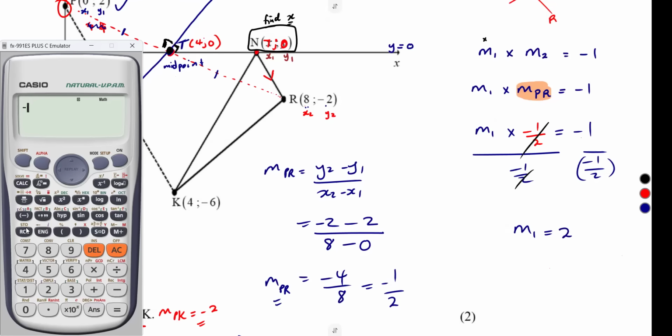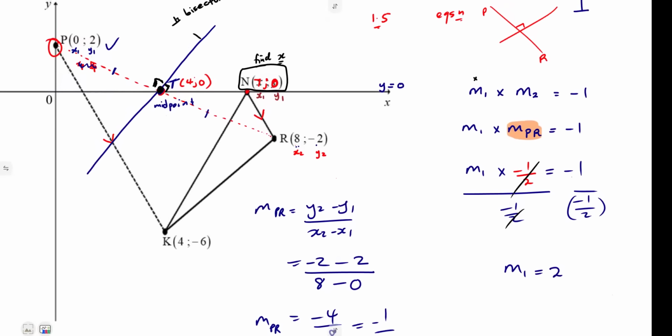So that was going to give us a 2, as it is -1 over 2. So this is it, just a 2. That is the gradient of the perpendicular line, the perpendicular bisector, its gradient is 2.